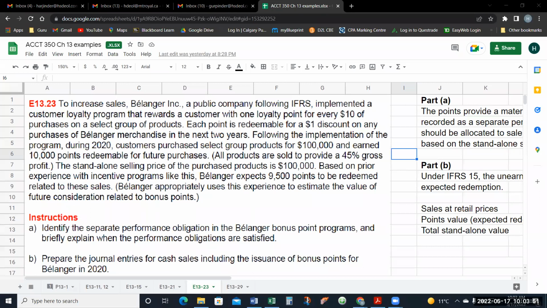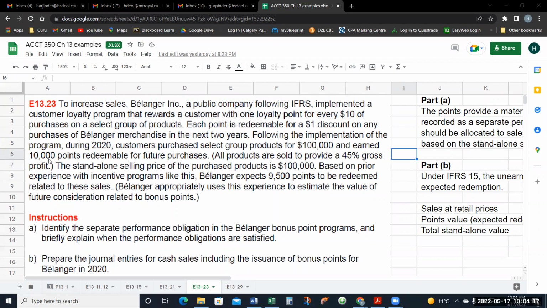So taking a look at exercise 13-23, to increase sales, Belanger Inc., a public company that follows IFRS, implemented a customer loyalty program that rewards a customer with 1 loyalty point for every $10 of purchases on a select group of products. Each point is redeemable for a $1 discount on the purchases of Belanger's merchandise in the next 2 years.